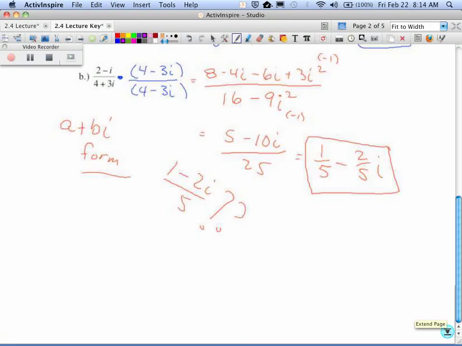So you're going to end up with four terms across the top. i squared, I'm just writing up here, is negative 1. On the bottom, I can just do the first and last. So 4 times 4 on the bottom is 16. 3i times negative 3i is negative 9i squared, and again, that i squared is going to be negative 1. So look there first, make sure you have that, and then we'll talk about the simplifying.